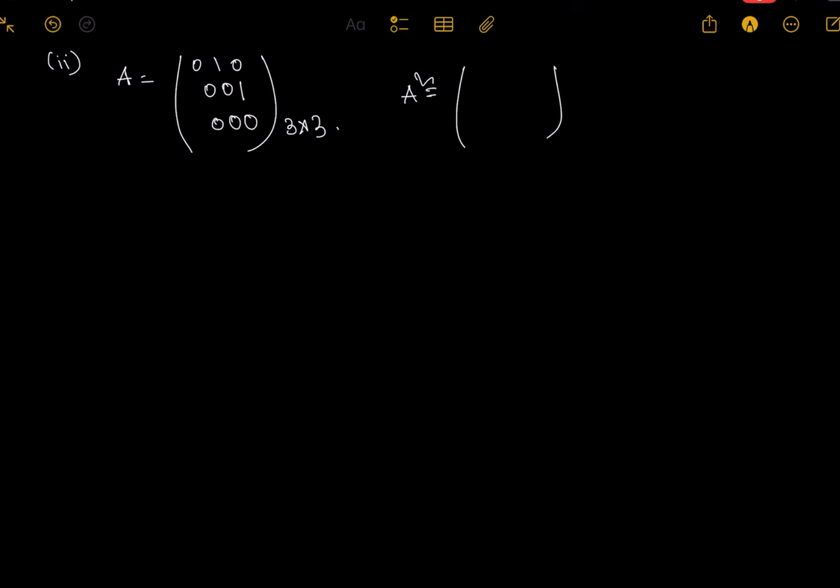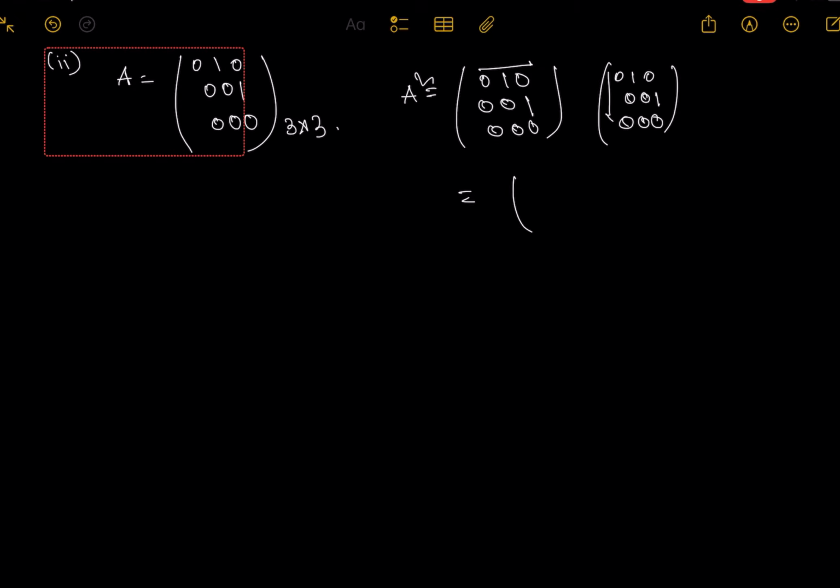A square is this matrix multiplied by itself: 0, 1, 0, 0, 0, 1, 0, 0, 0 times also 0, 1, 0, 0, 0, 1, 0, 0, 0. This row by this column, you can see that this goes to 0, 0, this is 1. This goes to this, then 0, 0, 0, this goes to 0.